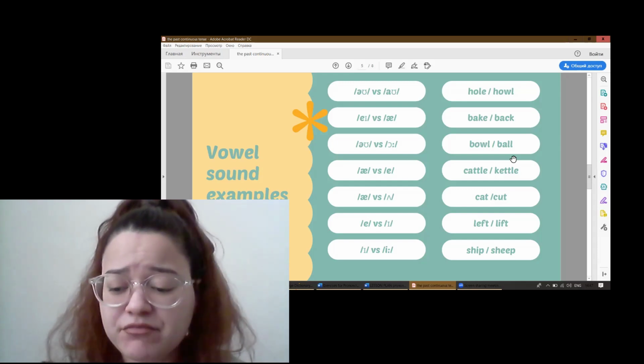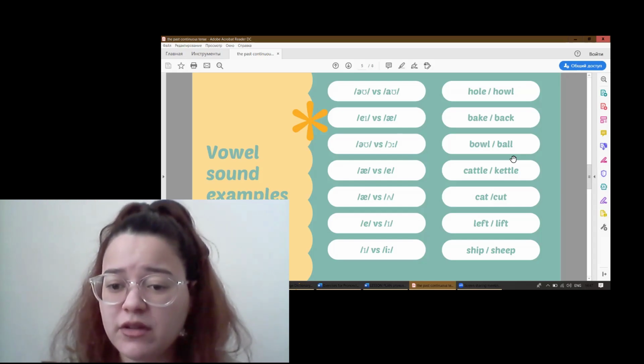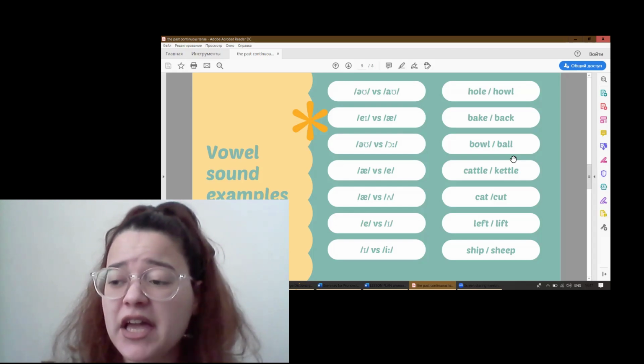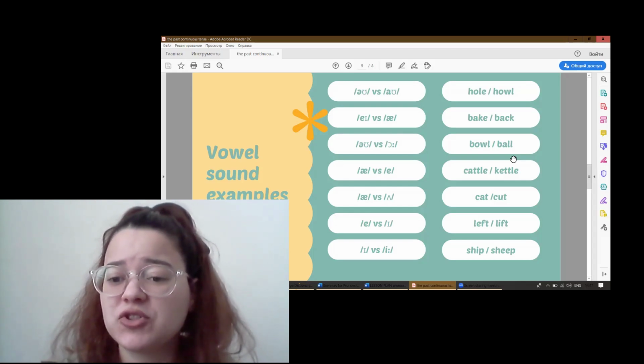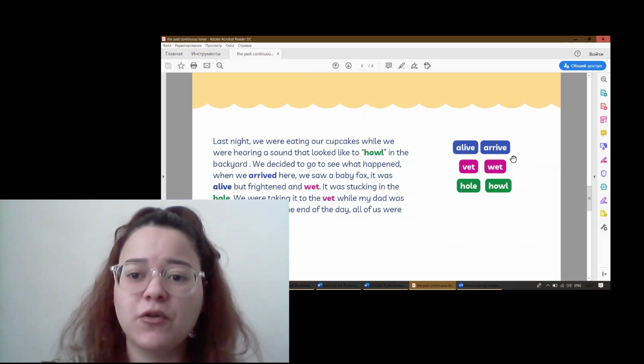For example, I will travel in the ocean using a ship, but I don't want to lose the sheep in the village. They're animals.